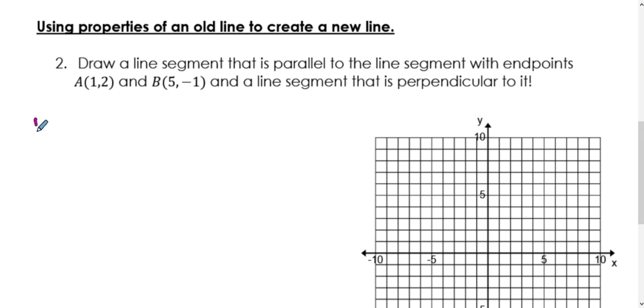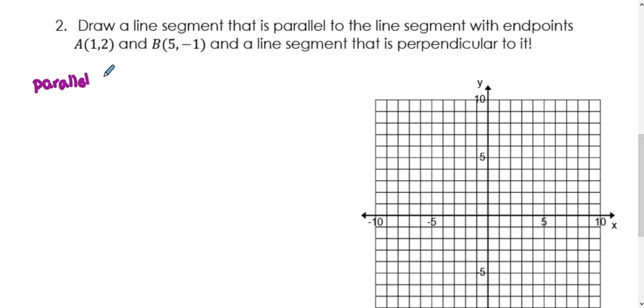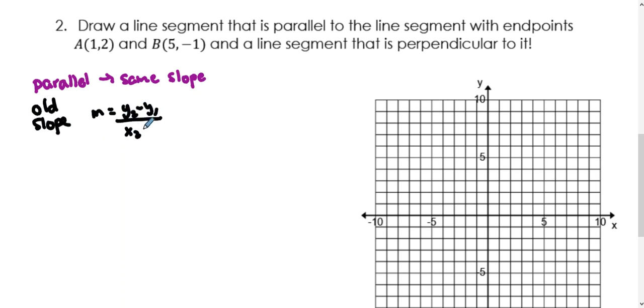All right, so let's look at parallel. Well, we know that parallel means same slope. If we want something with the same slope, we better find the old slope first. When we were finding the slope, some people were mixing up where to put the x's and y's, and maybe it came from the points or the equation.